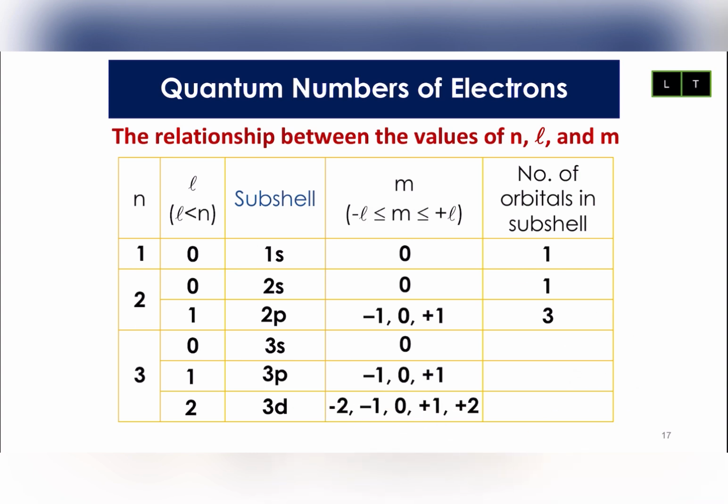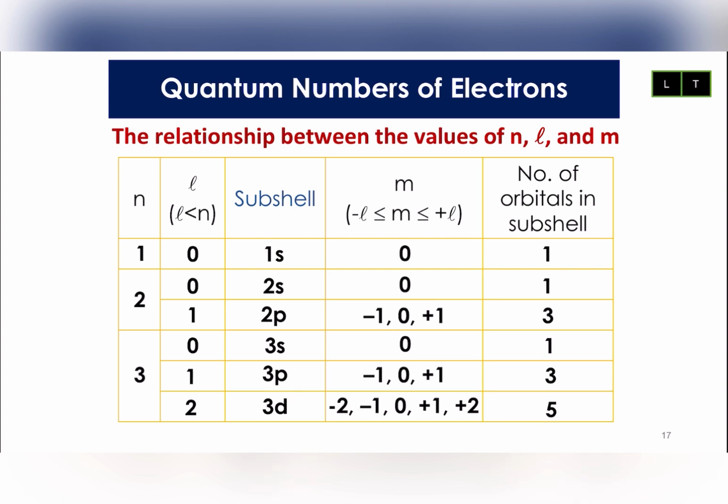So if I want to determine how many orbitals are in subshell 3s, I have 1 because the m value is only 1. In subshell 3p, I have 3 orbitals. And last but not least, I have 5 for subshell 3d.